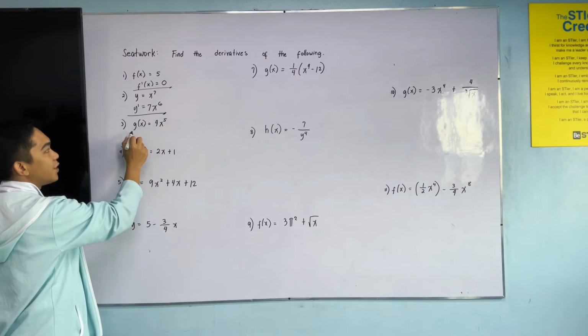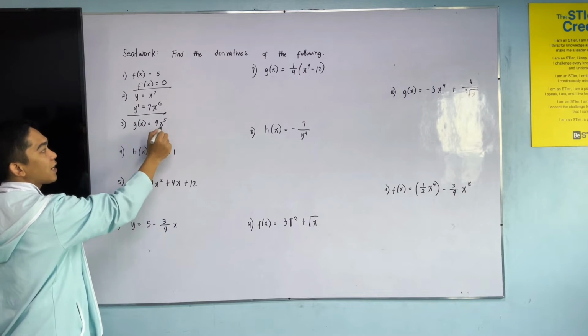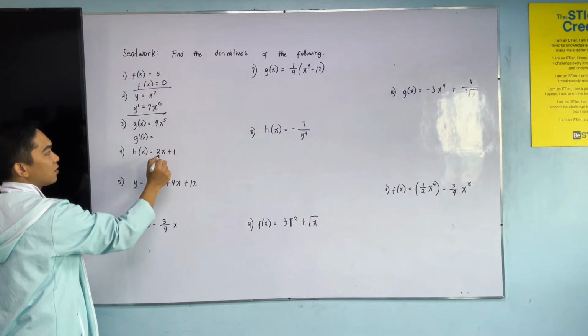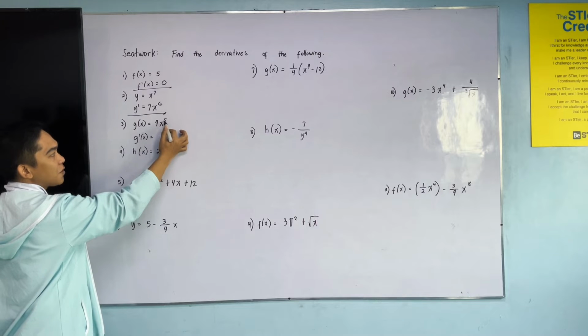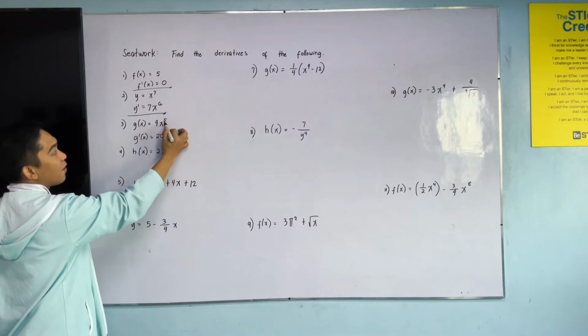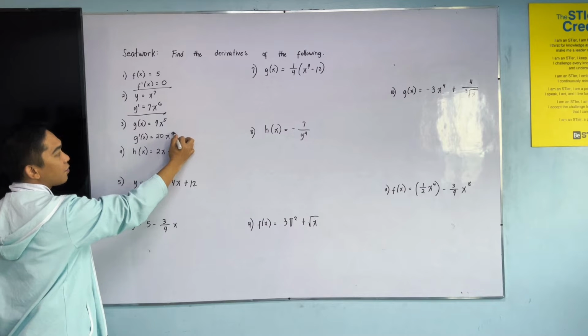Number 3, g of x is equal to 4x raised to 5. G prime of x is equal to 4 times 5, we have 20. Then x, 5 minus 1, we have 4.